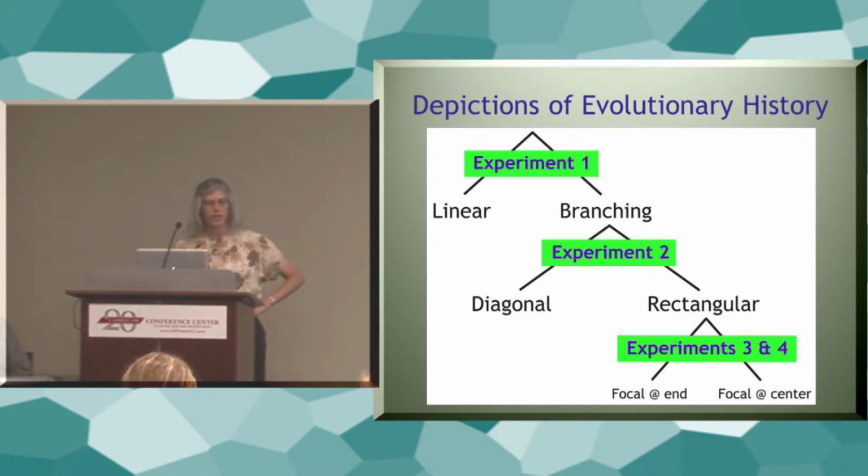And then the final two studies are going to look at just the rectangular format. In those studies, we manipulated how the branches are rotated, which can be used to place a particular focal taxon either at one end of the diagram or embedded in the middle. And we'll look at effects of that.